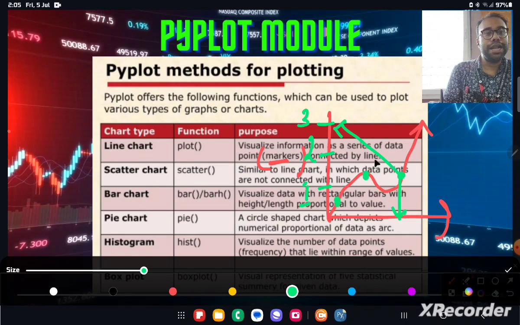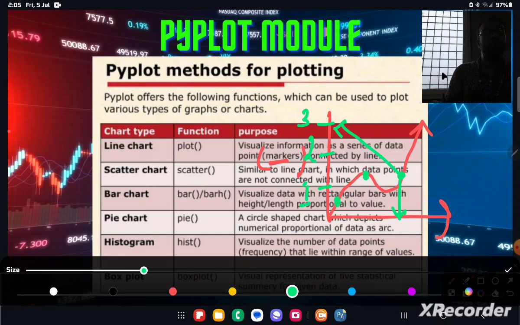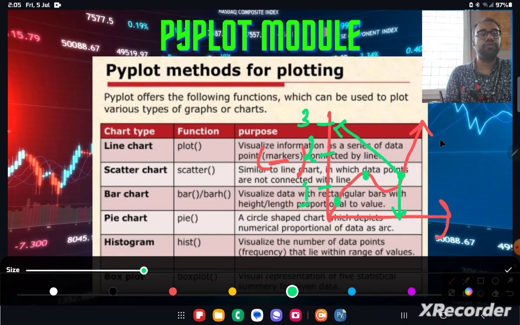So data markers or data points, whatever name you call them, are used to point out the values of the respective x-axis and y-axis. So I hope this is clear to everyone. We'll move to the next topic now.